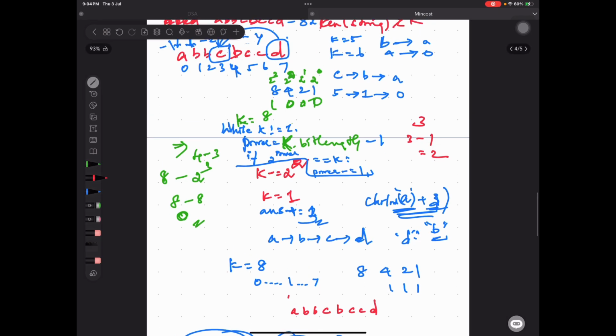So we will be calculating how this bit count will work in this case.